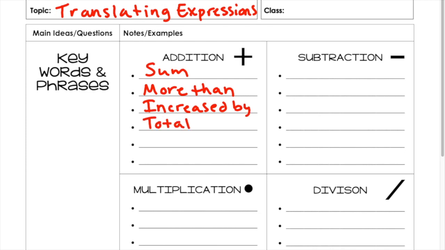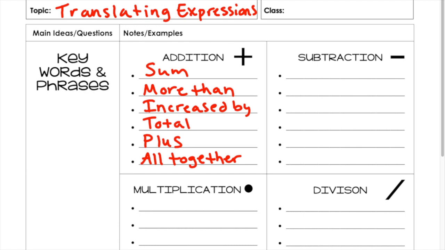When something asks for the total of two things, we're adding them together. Plus, obviously that means to add, and lastly, all together. So whenever you see any of these words, it means they want you to add numbers together.